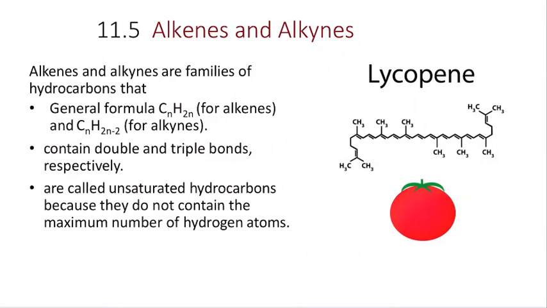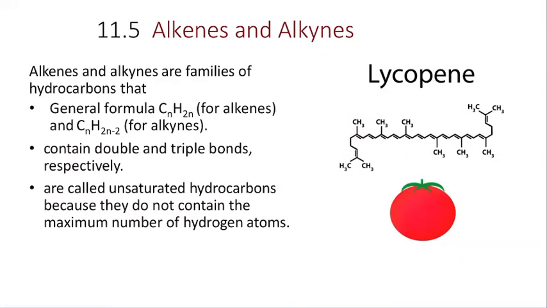Now, the general formula for alkenes, which have one or more carbon-carbon double bonds, or alkynes, which are molecules that have one or more carbon-carbon triple bonds, you can see the general formula equations there.